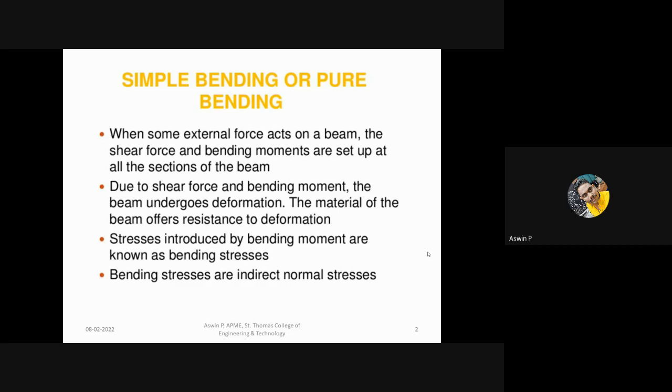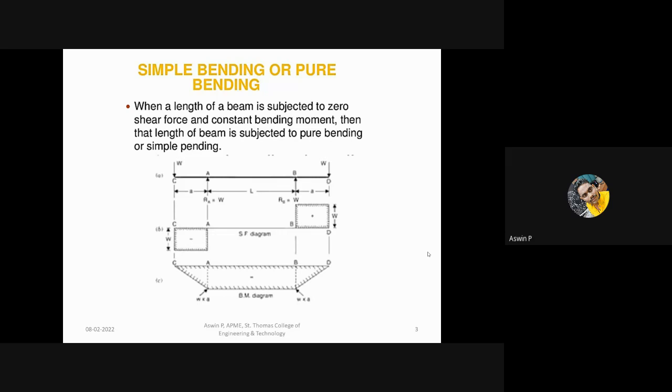We need to consider the shear force acting at the section to be equal to 0. Then only can we say there is pure bending. I have written here, and this is the important point: when a length of beam is subjected to zero shear force and constant bending moment, then that length of the beam is subjected to pure bending.